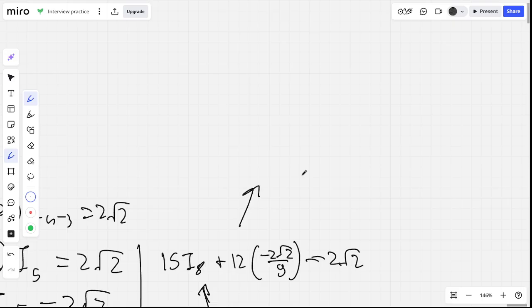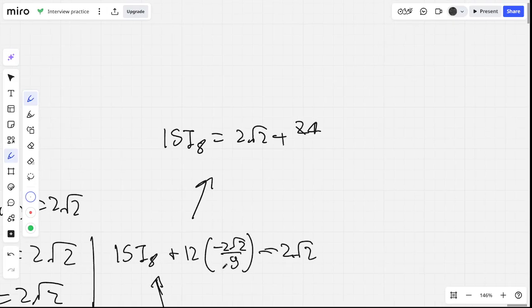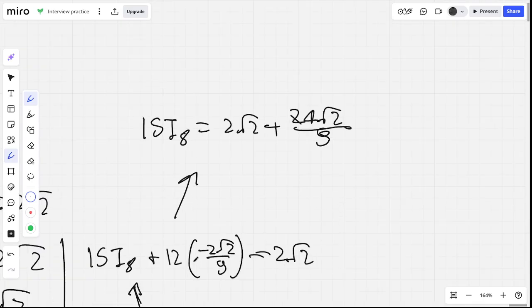Now this is equal to minus 12 times minus, plus 24 root 2 over 9. Just to check this is correct, I'm bringing this to this side, so it does become positive.